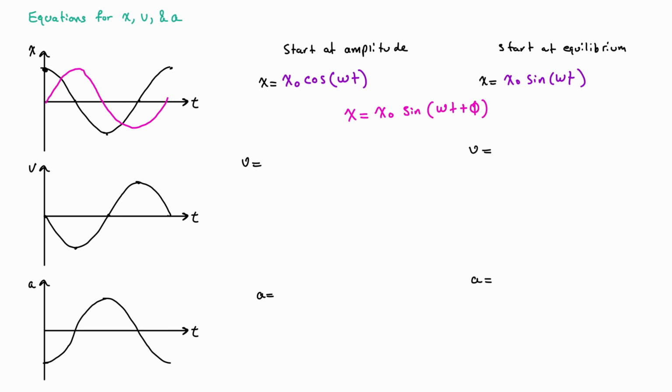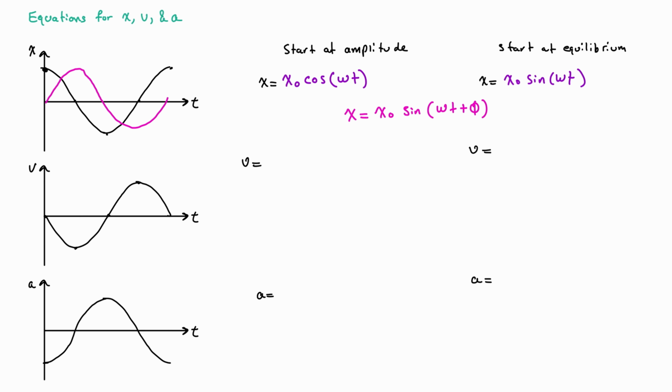Starting position is at the equilibrium position, and if I want to shift this by pi over 2, I can go from a sine graph to a cos graph. So I have that option, and this equation with the horizontal phase shift gives me that option.